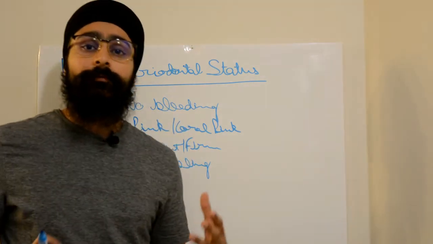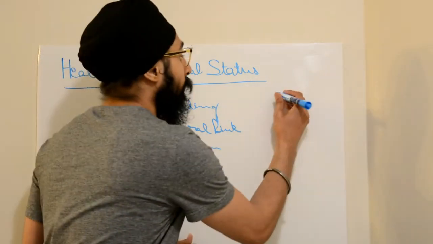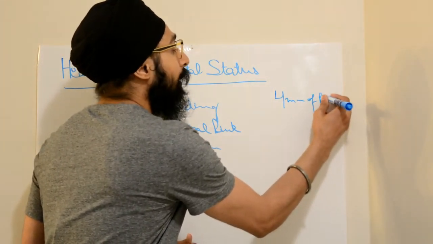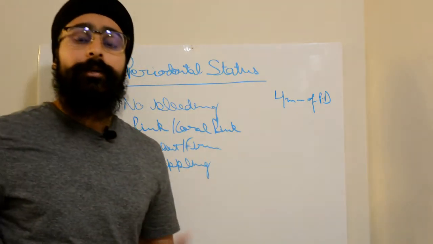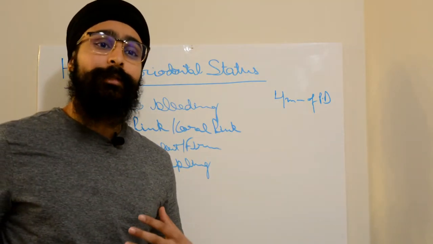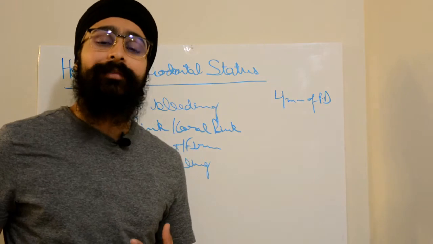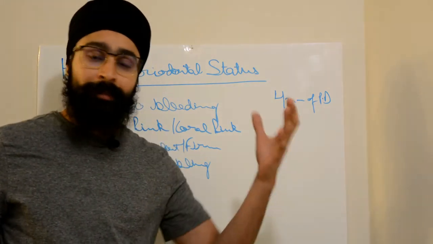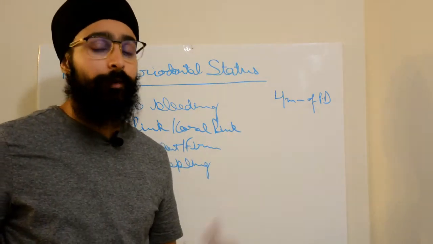But randomly at one point, if you have 4 millimeter of probing depth, these kind of scenarios don't come in the exam, but students are always apprehensive and they want to try out each and every scenario, and they'll just bring out of nowhere these kind of scenarios.